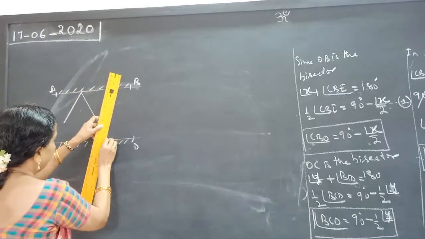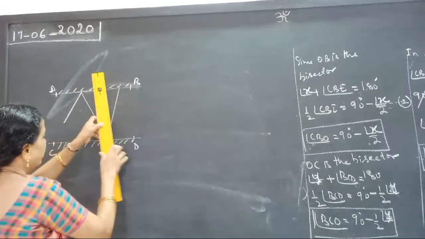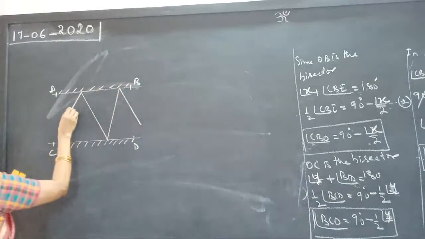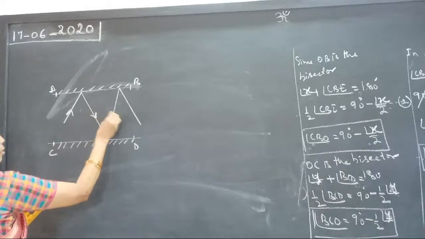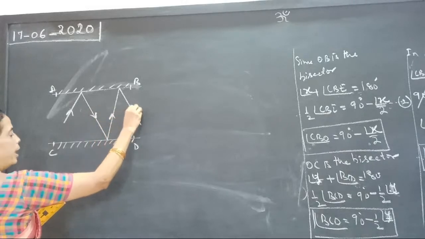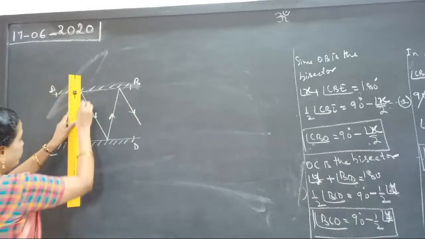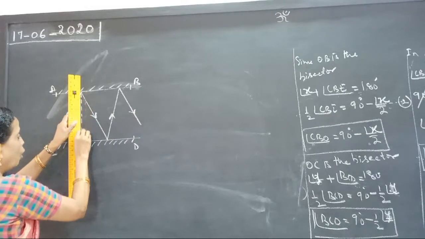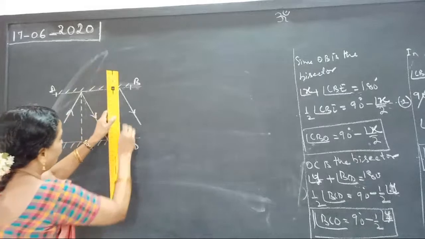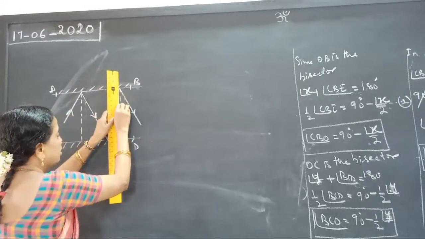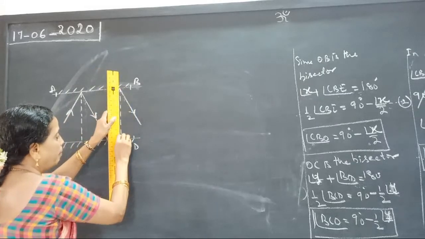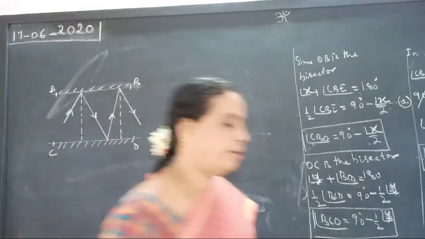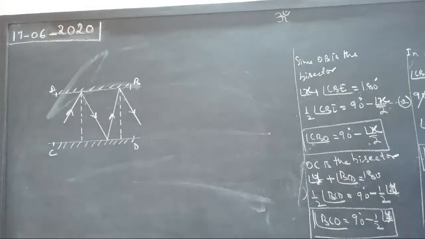Again incident ray, reflected ray. I am showing with the arrow mark, and these are the perpendiculars. We use the word normal, drawn at the point of incidence. Normal means perpendicular. When the lines are perpendicular to the same line, we know that they are parallel.